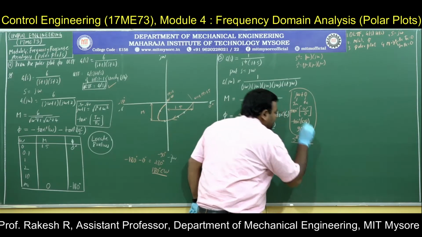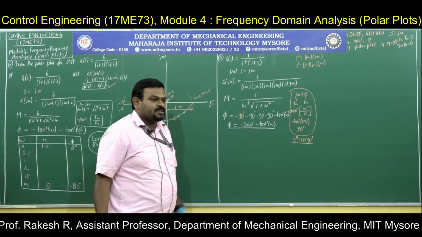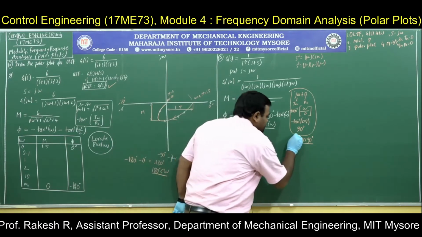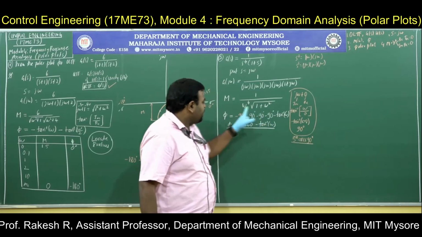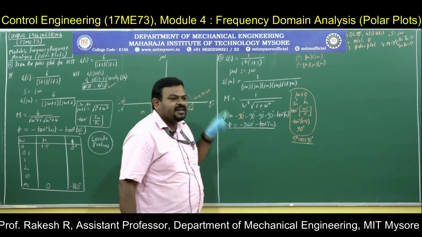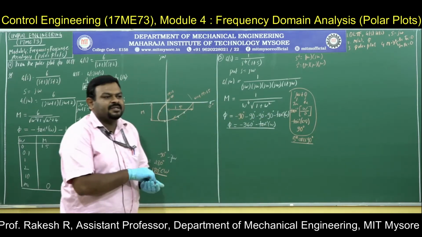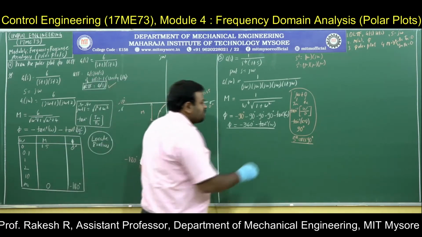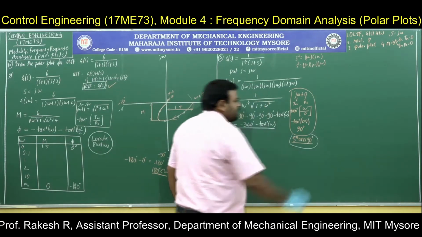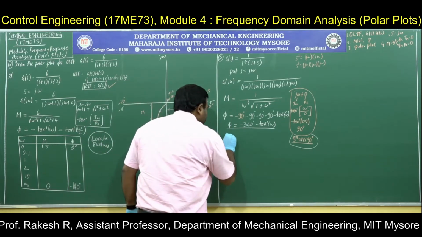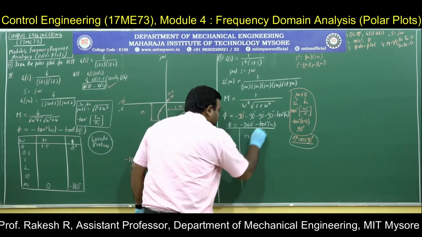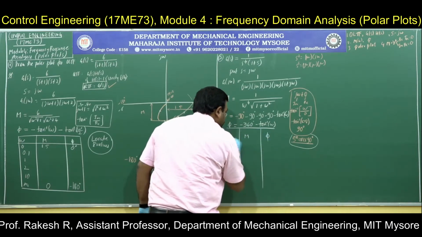It can be plus or minus n into 90 degree. Here you got minus 4 into 90 degree, it is minus 360 degree. Very important thing. This thing is very essential here, otherwise you go wrong.